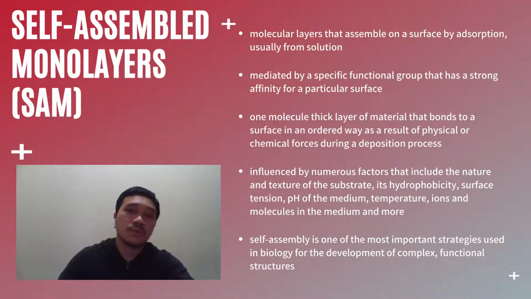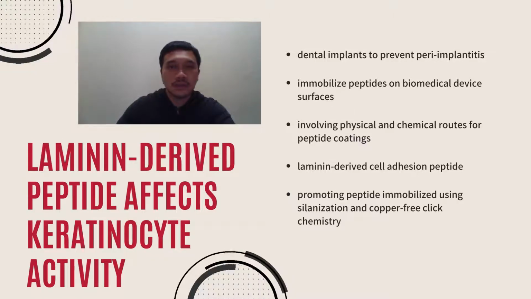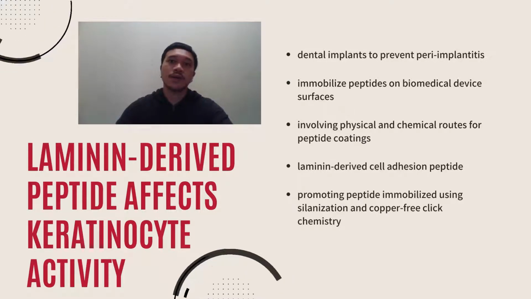It is influenced by numerous factors that include the nature and texture of the substrate, its hydrophobicity, surface tension, and many more. Self-assembly is one of the important strategies in biology for the development of complex and functional structures. So now I will share one of my research studies.